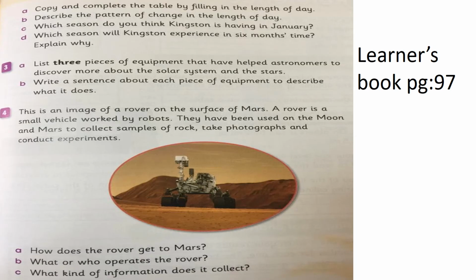The B part of this question is: describe the pattern of change in the length of the day. In my opinion, the days become longer, so write down that the length of the days becomes longer. Now, which season do you think Kingston is having in January? In January, they have winter, because in winter they have short days and longer nights.